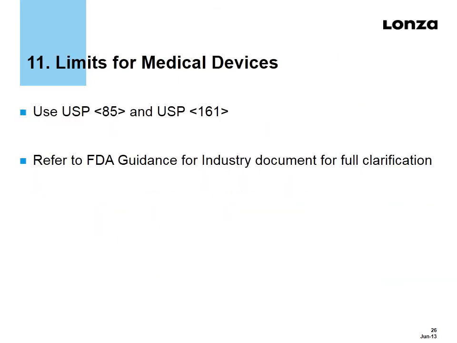The next area for discussion is limits for medical devices, and the user should refer to USP Chapter 85 and USP 161 for information. The user should also refer to the FDA guidance for industry document for full clarification. Limits for devices are found in USP Chapter 161, transfusion and infusion assemblies, and similar medical devices.